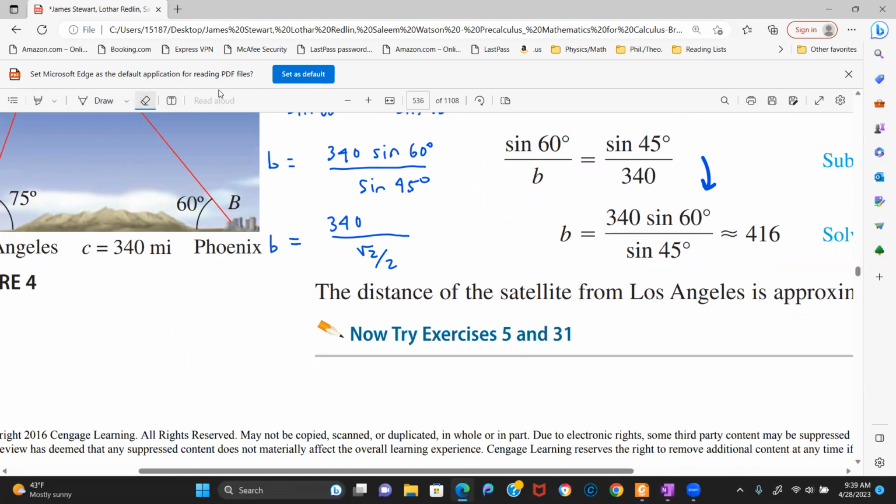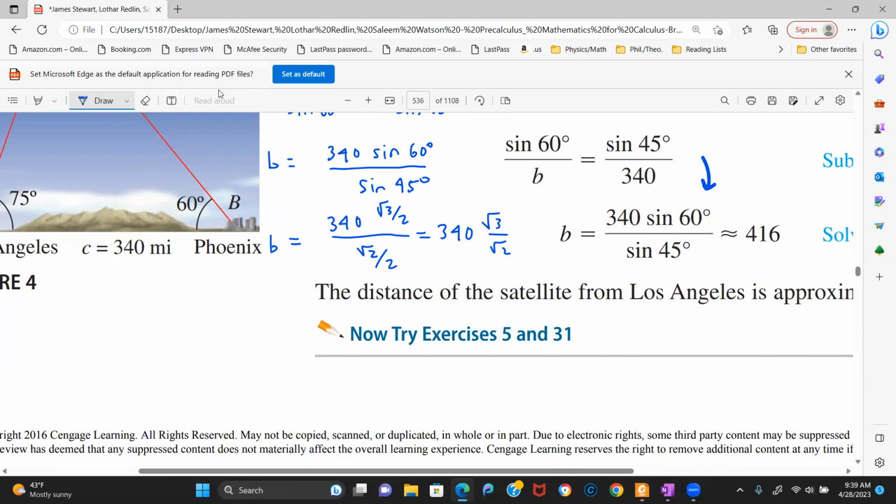Sine of 60 degrees is √3 over 2. So these twos cancel out. So then I have 340 times √3 over √2. And when you get an approximation, that should be right. So let's see.